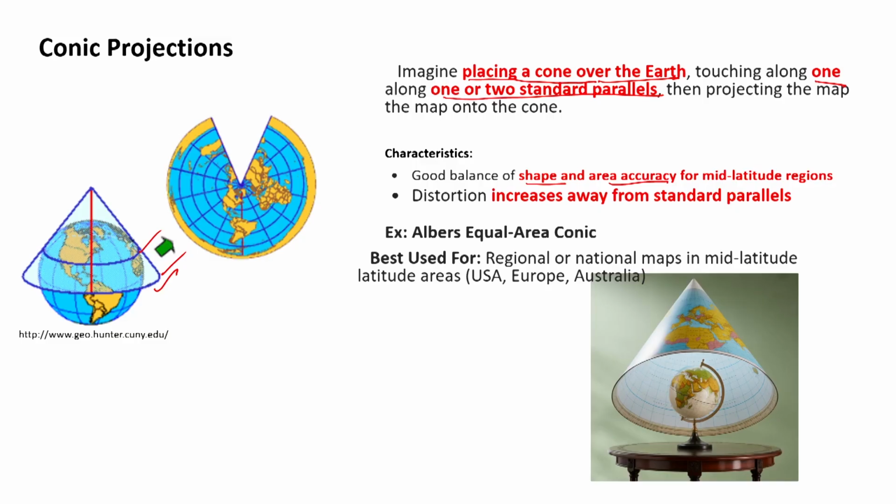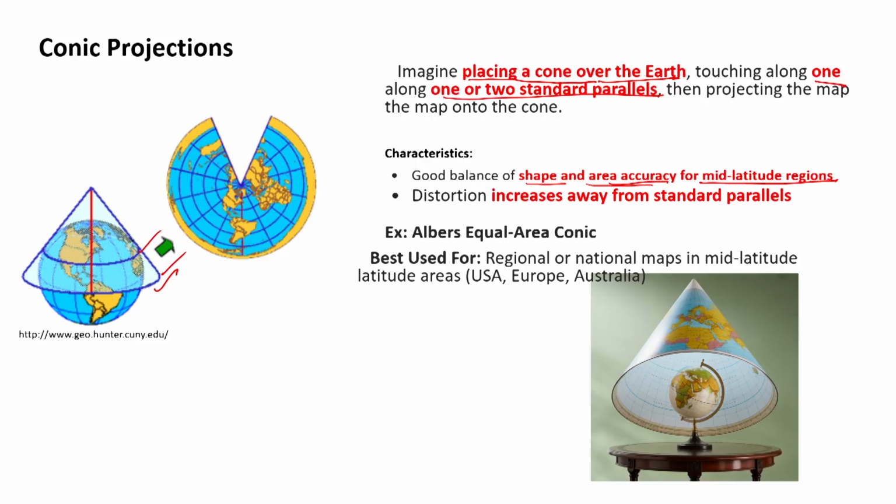The previous projection system helps maintain the shape. Here also there is a good balance of shape and area accuracy for mid-latitude countries. The cylindrical projection we used for the equator and surrounding countries, whereas the conical projection is very much suitable for mid-latitude regions.